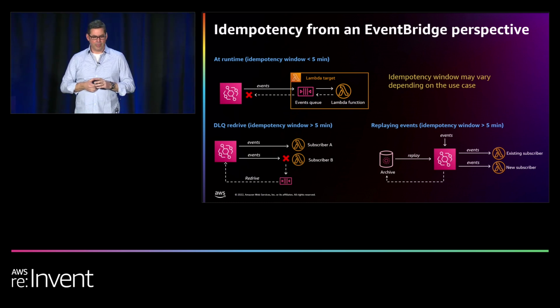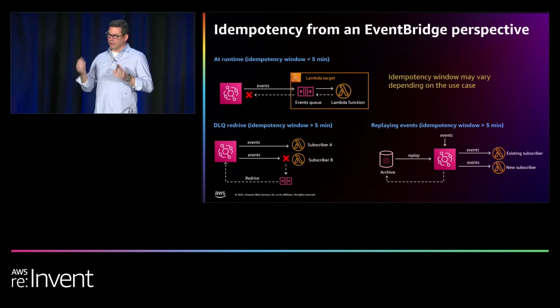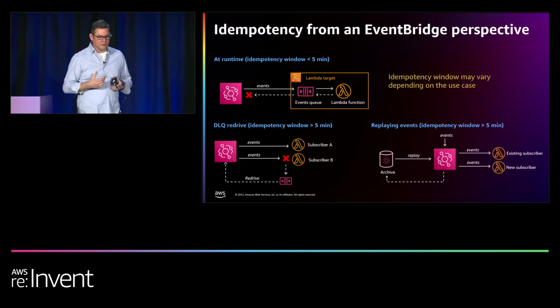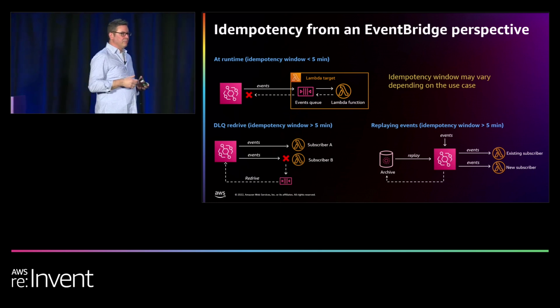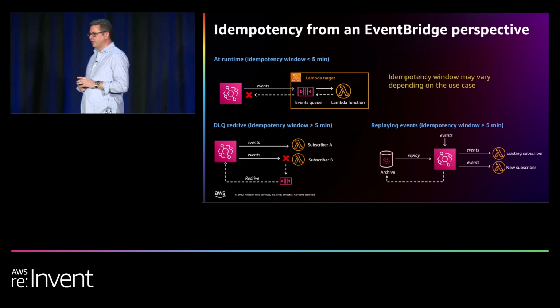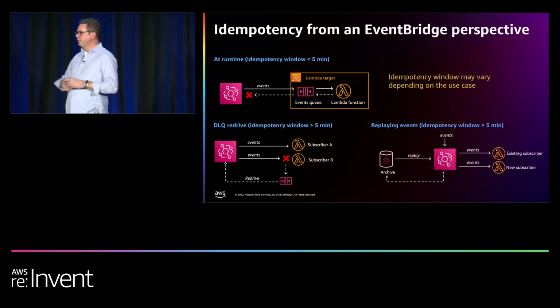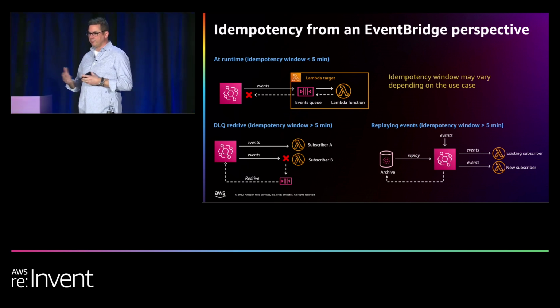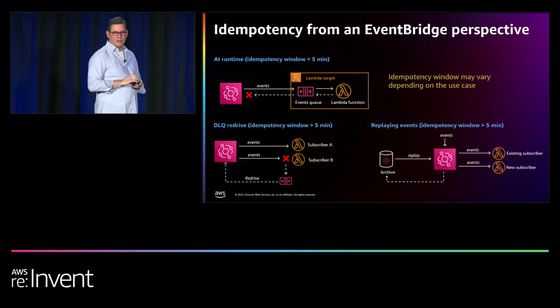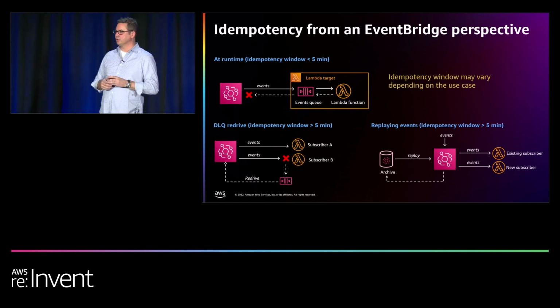Now, from an EventBridge perspective, we need to understand that the idempotency window plays a really important part, depending on the type of use case that you're currently looking at. If you're doing a runtime implementation of idempotency, then using a feature like AWS Power Tools is an adequate solution.